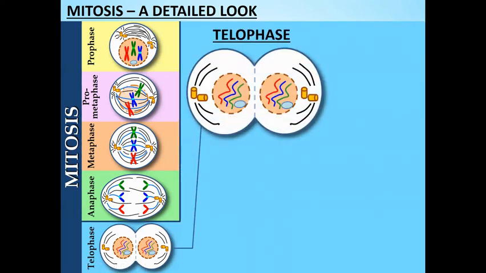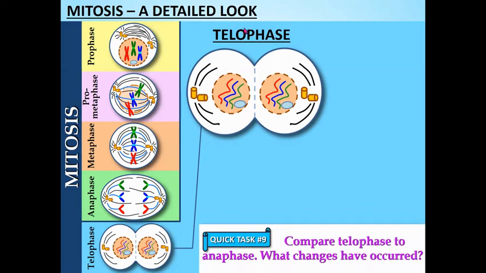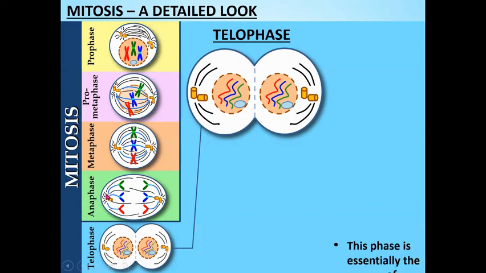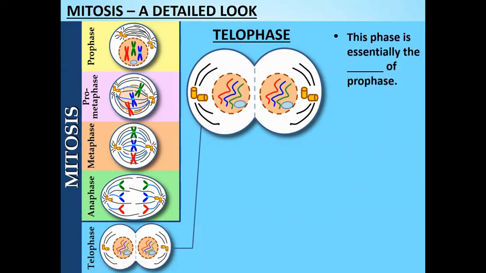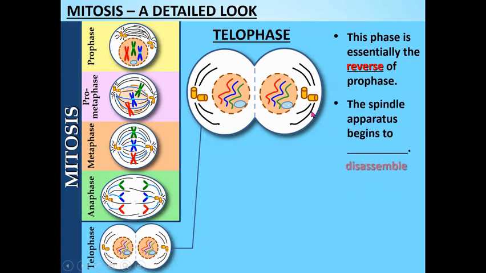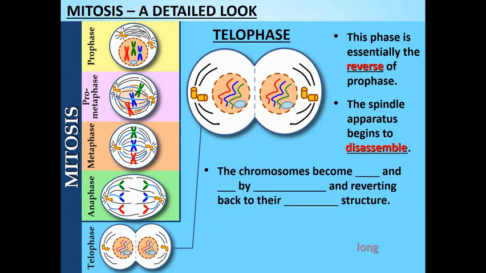Okay, during the telophase time, you can see what starts to begin, right? Right here. Do you remember what that was called? This phase is essentially the reverse of prophase. So then look at how you can see the difference in the way the shape has started to change. Okay. The spindle apparatus begins to disassemble, so it begins to let go. The chromosomes become long, which is how they had begun during anaphase, right?